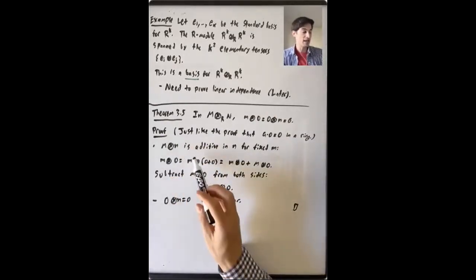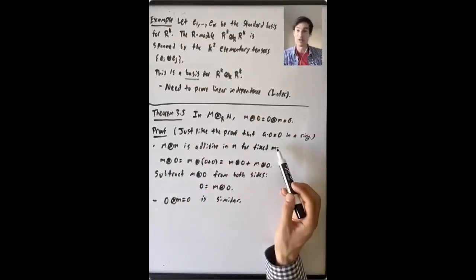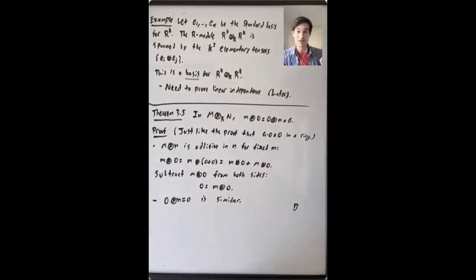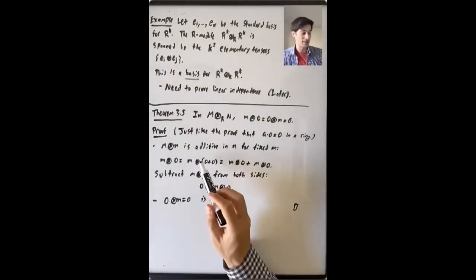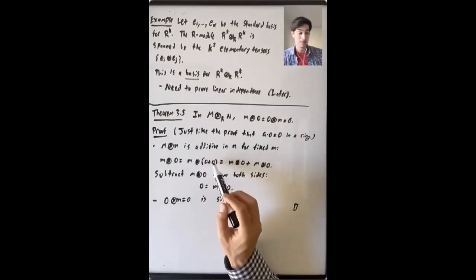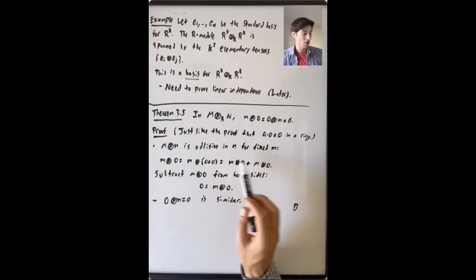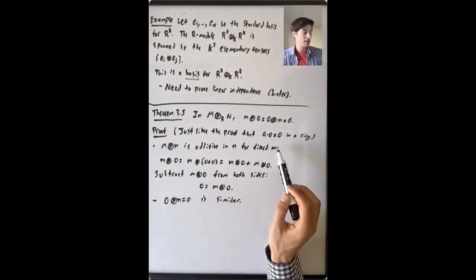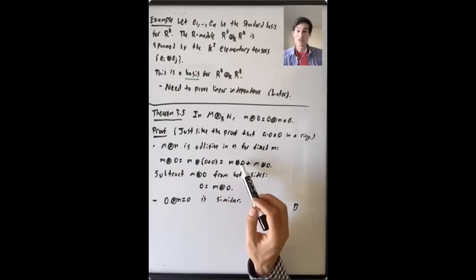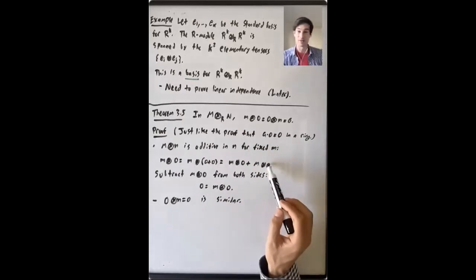m tensor n is additive in n if we hold m fixed. So what does that mean? m tensor 0 is equal to m tensor (0 plus 0), right? Because 0 plus 0 is 0. And now, what does this mean, additive in n for fixed m? This is equal to m tensor 0 plus m tensor 0.